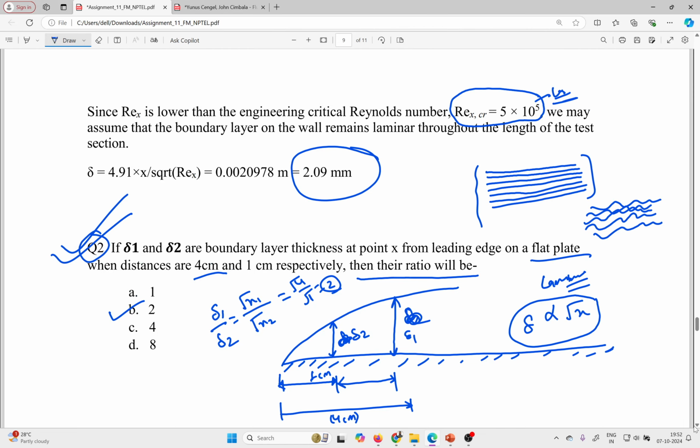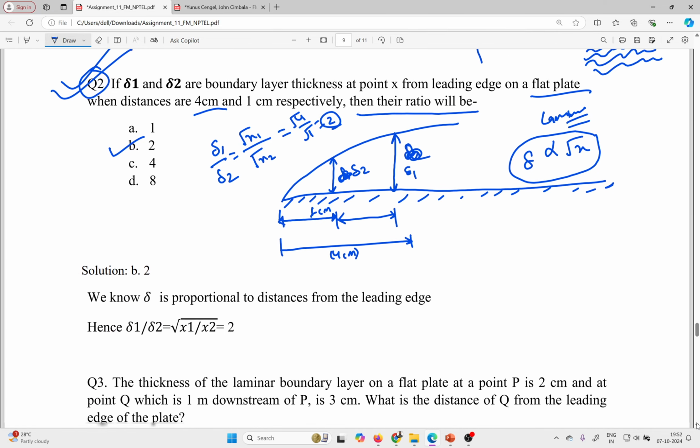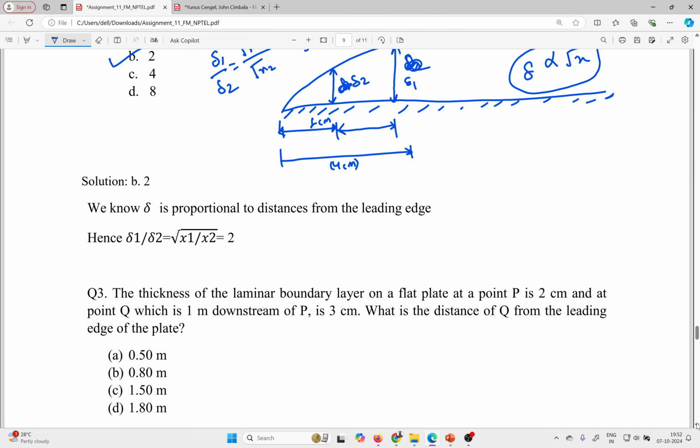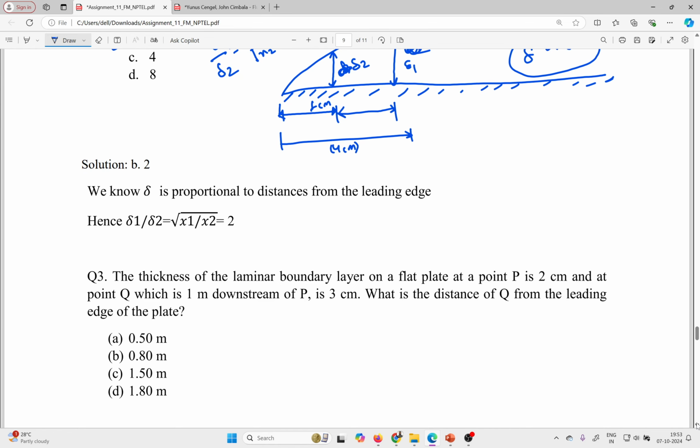The next question is question number 3. I think this is the last question. The thickness of laminar boundary layer on a flat plate at point P is 2 centimeter.